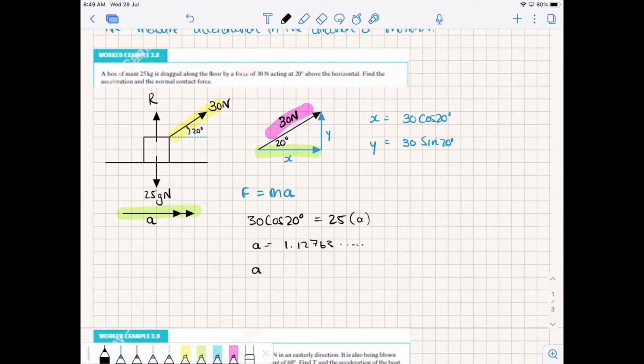We can't leave our answer like that. We need to round appropriately, and this will depend either on what the question tells you or whatever is stated in the question paper. The convention is normally 3 significant figures. So if I round this to 3 significant figures, it'll be 1.13 meters per second. Don't forget the units, please.